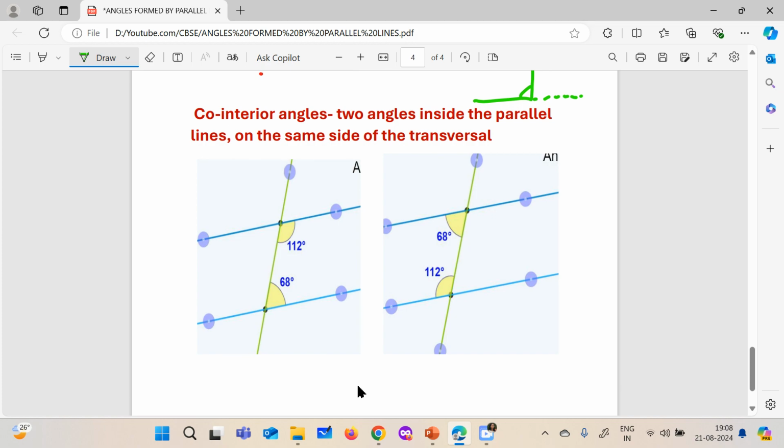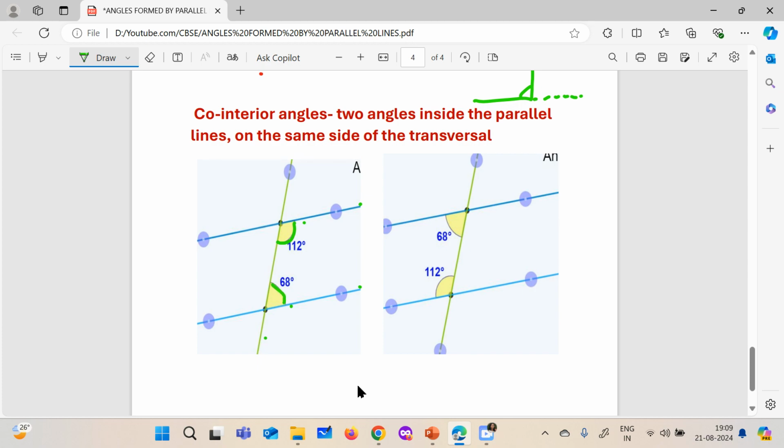So another angle is co-interior angles. So when we have a pair of parallel lines intersected by a transversal line, co-interior angles are formed. Co-interior means the interior angles between two parallel lines, and they are on the same side of the transversal line, right? So you can find here, this is 112 and this is 68 degrees.